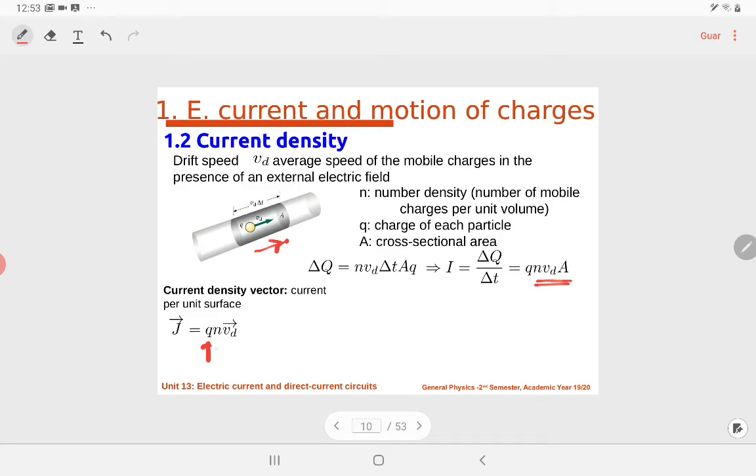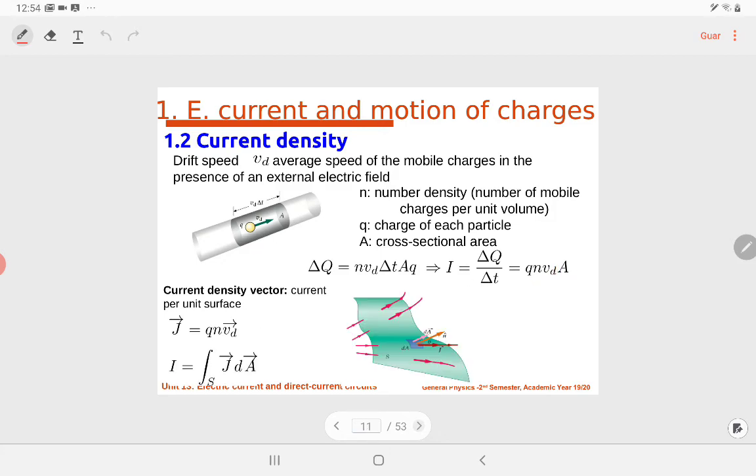Okay, so we can relate this amount, the electric current, which is a scalar, with this other amount, the current density, which is a vector, because between both the only difference is the area. To make it very general, we could have this idea that the current density could be very different in different places.